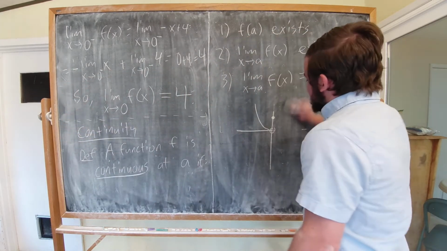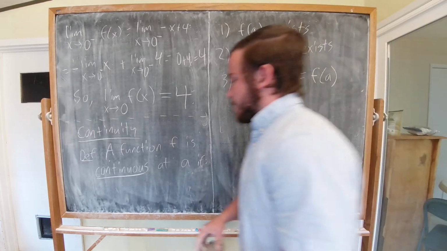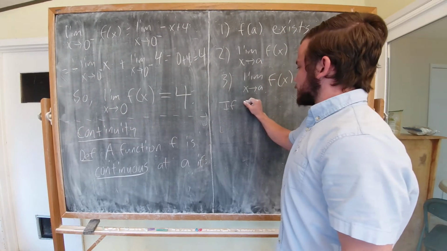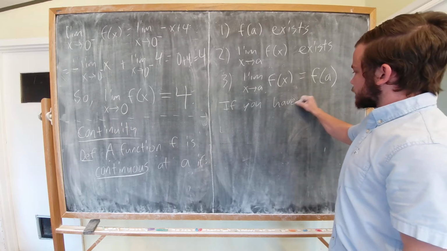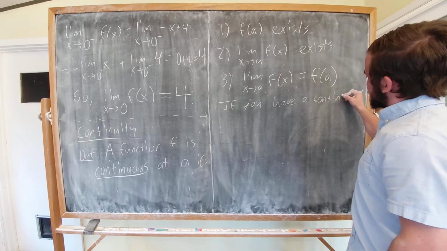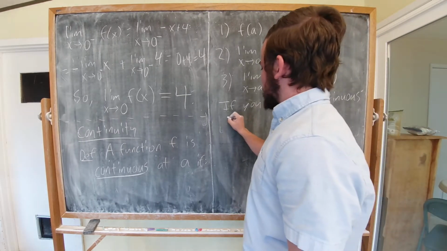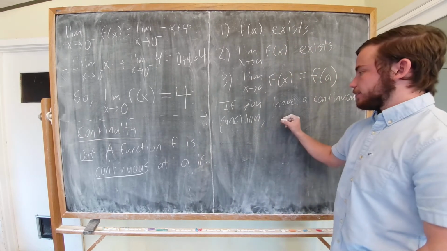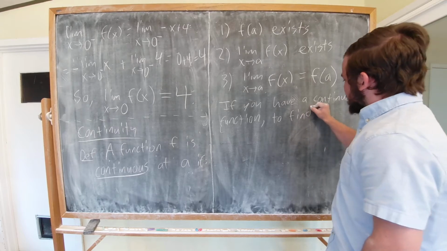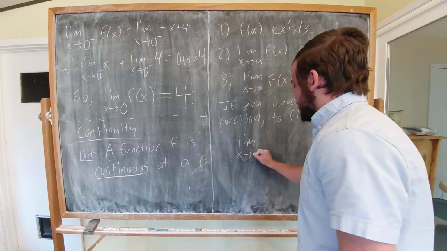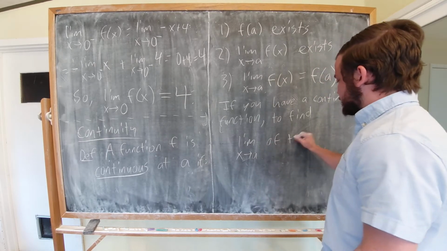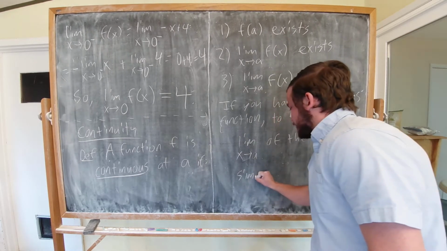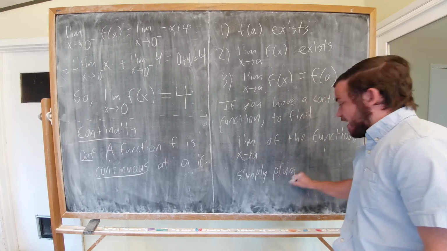Continuous functions play really nicely with limits because, by definition, if you have a function you already know is continuous, to find the limit as x approaches a of the function, all you have to do is plug a into the function.